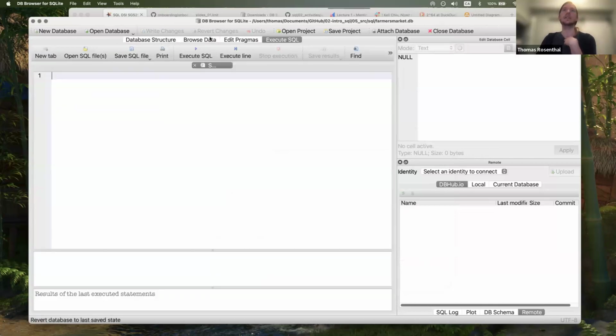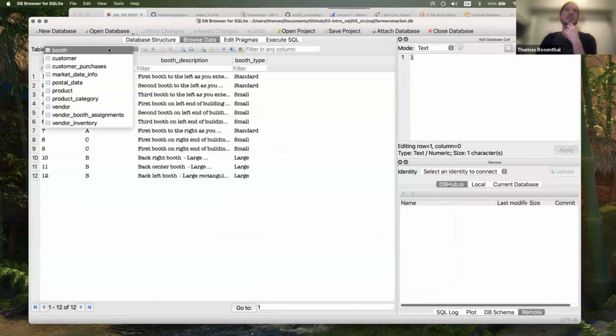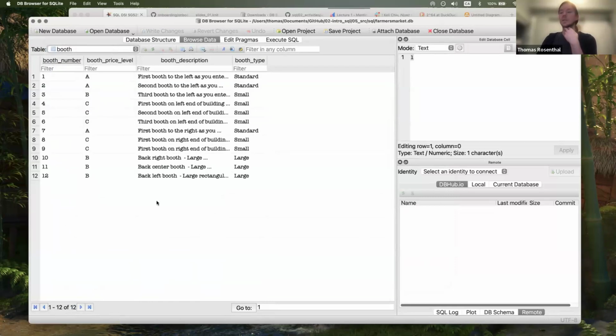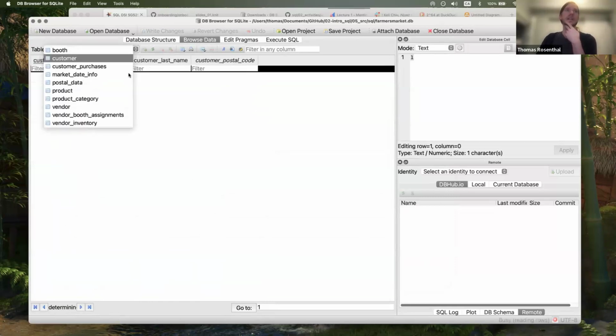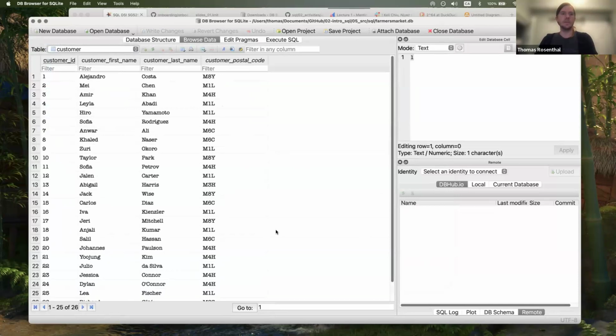And then you'll be here. You want to look at the Browse Data tab of the window here so that you can actually look at what's in each of these. So the booth table, what booths there are, customer, what customers there are, details about them, etc. So hopefully that familiarizes all of you. Spend some time with it. It's not overly complex, and we'll get to know it a little bit more, but it's good to have that.